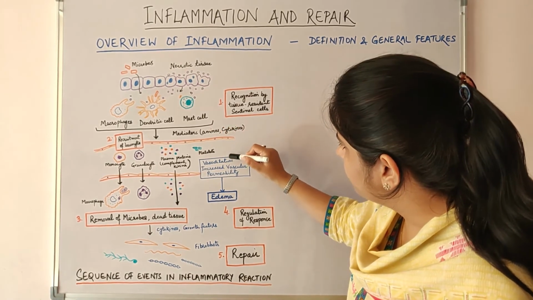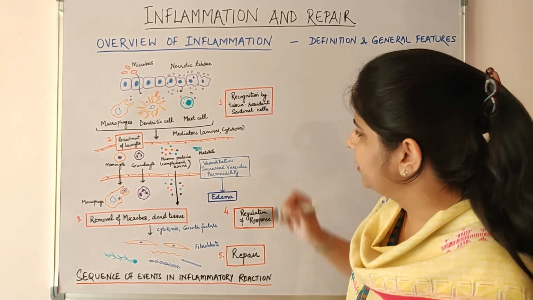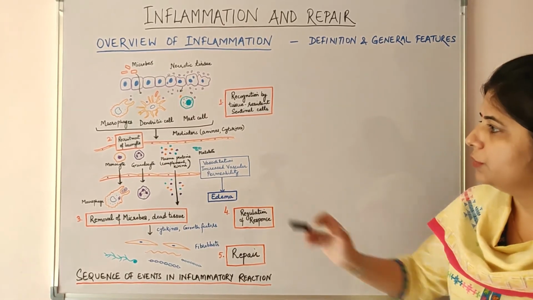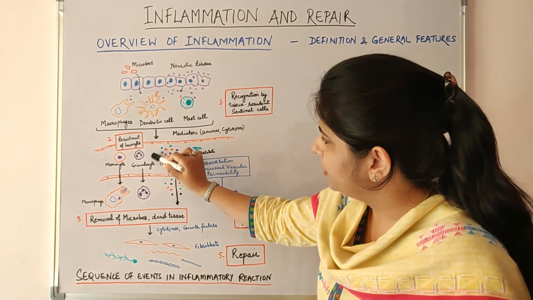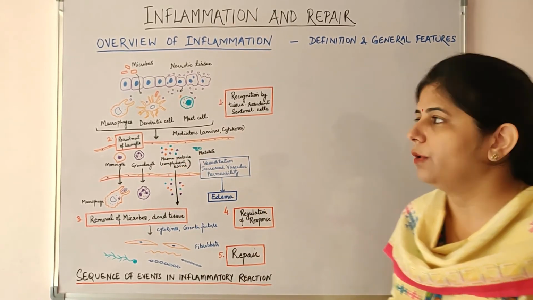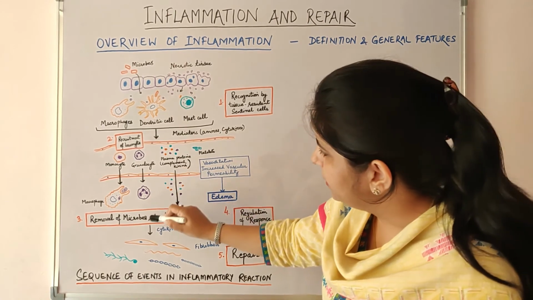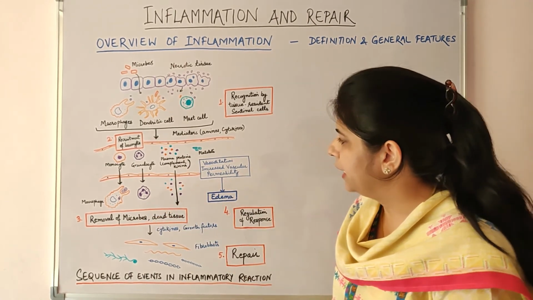These cause vasodilation and increased vascular permeability. So this helps in the recruitment of leukocytes and plasma proteins from the circulation to the site of infection or the tissue damage.